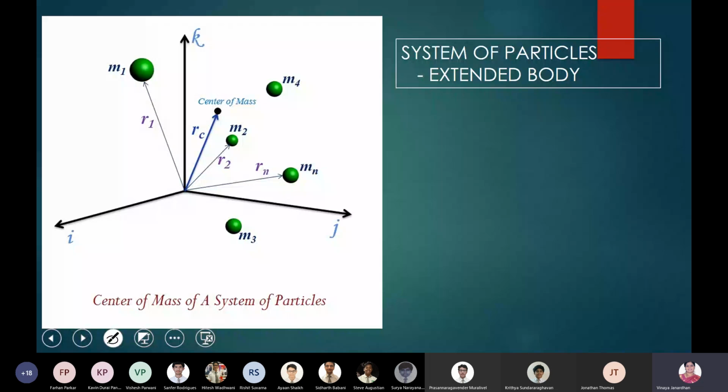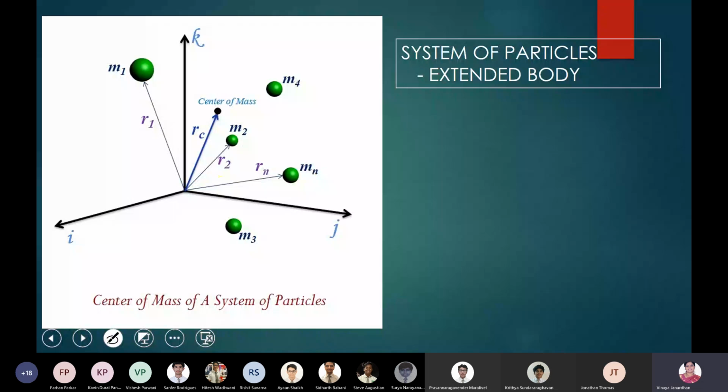A system of particles we call an extended body. Can you see the system here? What does the system comprise of? How many objects can you see? You can see a particle of mass m1, another particle of mass m2, m3, m4, and mn. mn is the nth particle.